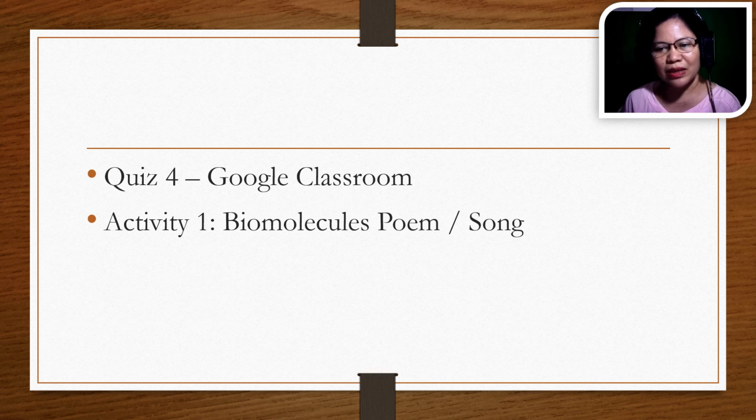For songs, you can use the tune of your choice, but of course the lyrics will be the concepts that you learned in biomolecules. Okay, that's all. I'm excited to read your poems and listen to your songs.